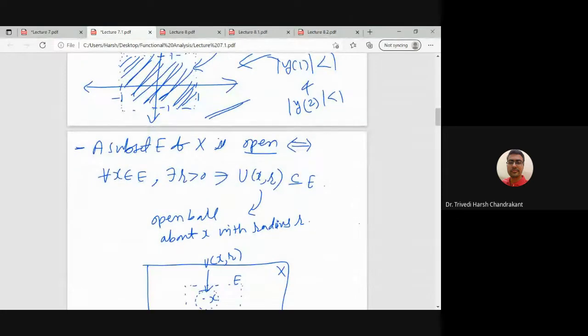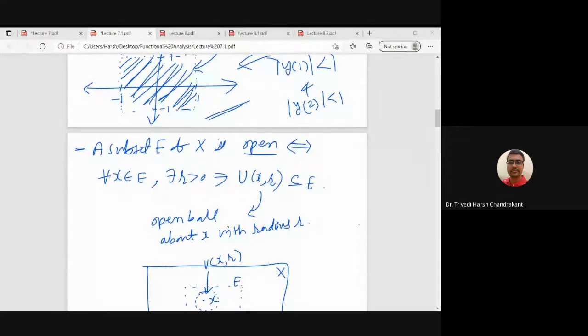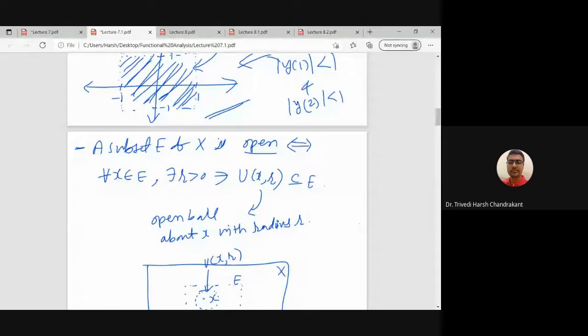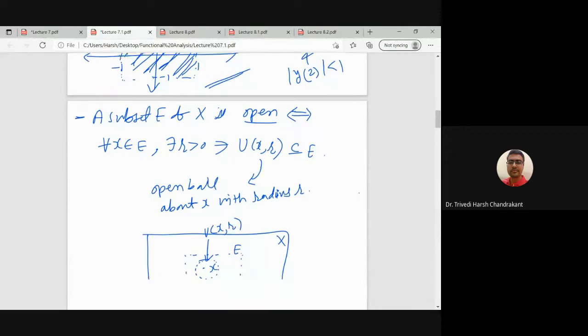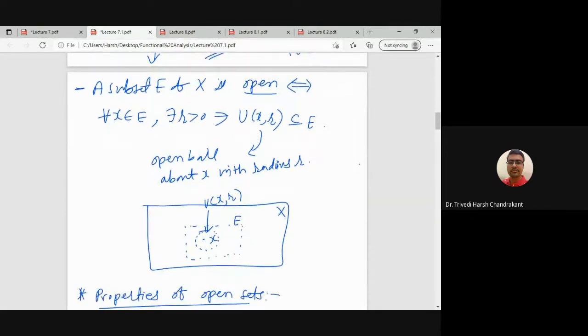Okay, so the subset P of X is open if every point is an interior point, right? Interior point in a metric space means that around every point we can find an open ball, with center at that point and positive radius.